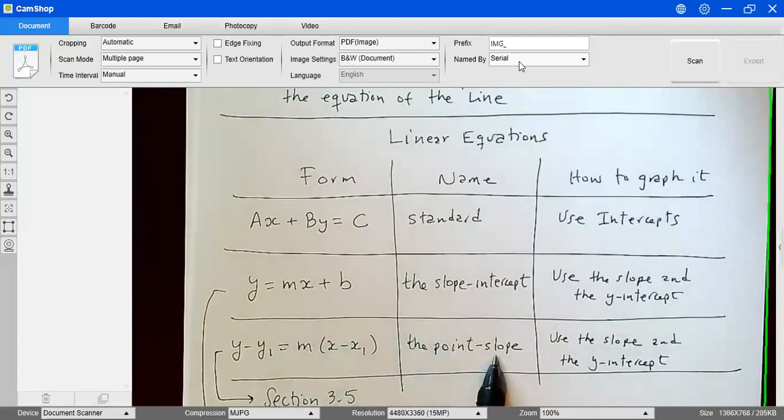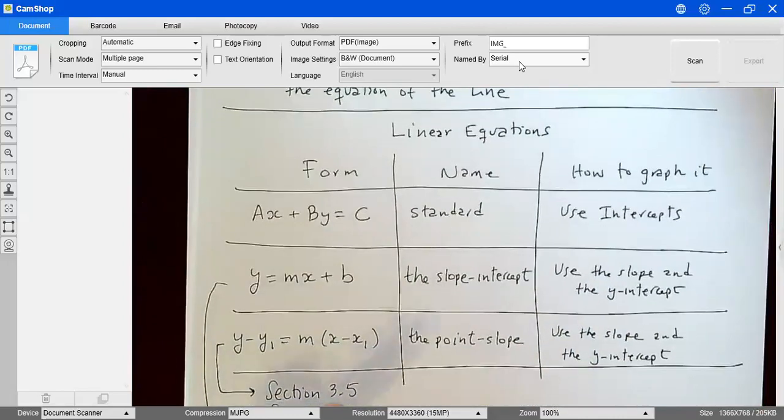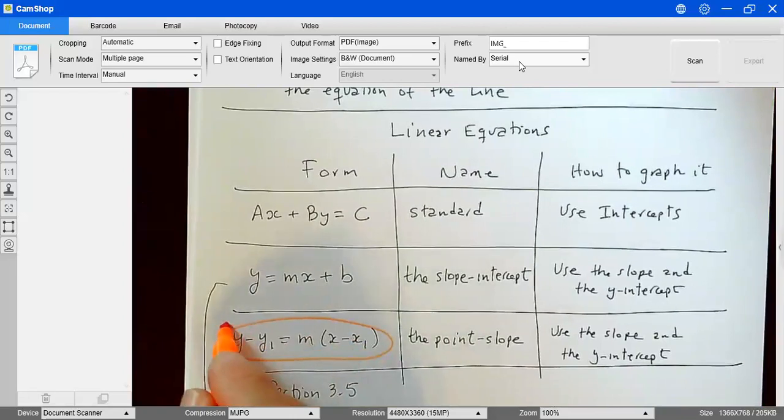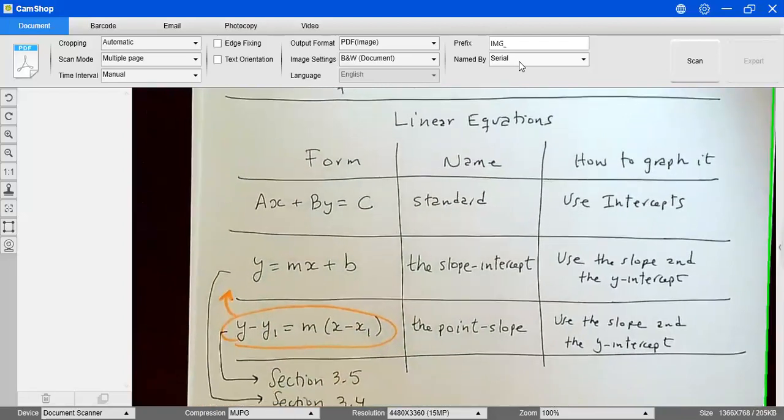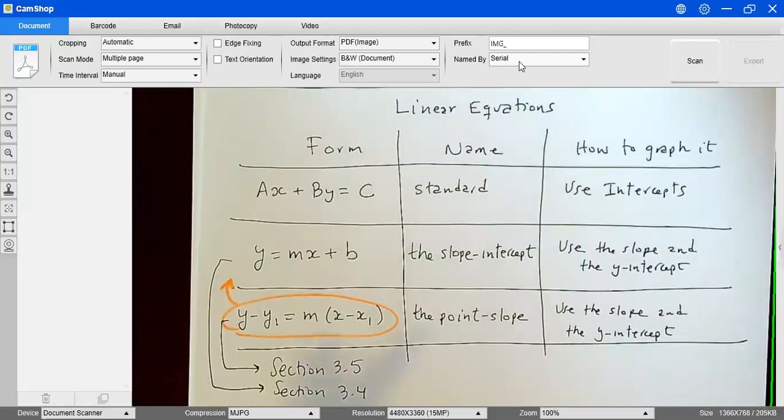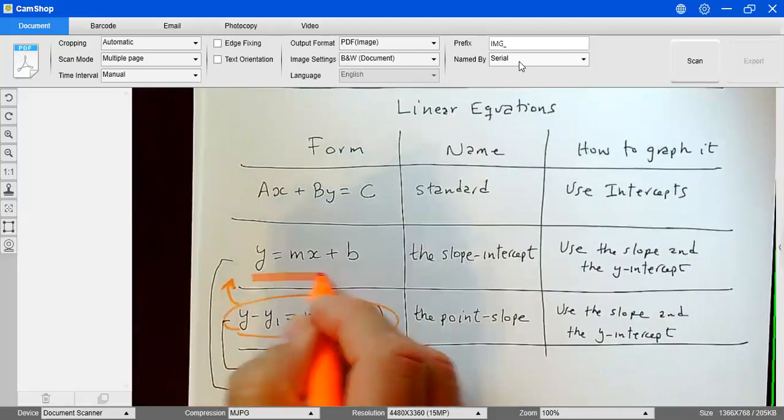And we're going to use the same method that we use for this one to get the graph for this line. Because this is going to be covered in section 3.5, we're going to convert this form into this one. And we're going to cover in this section now this form here.